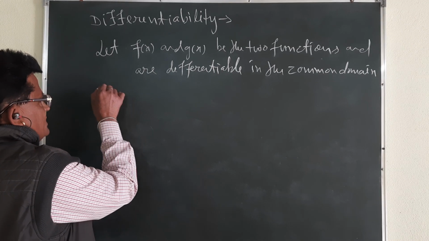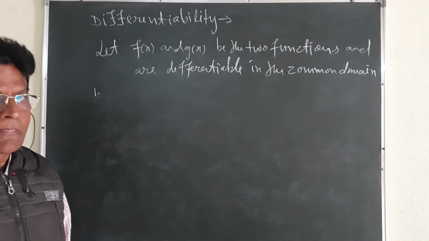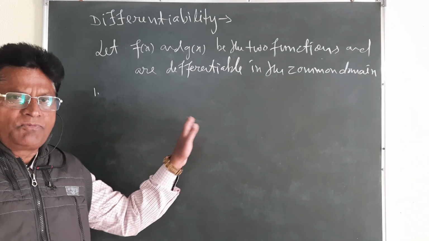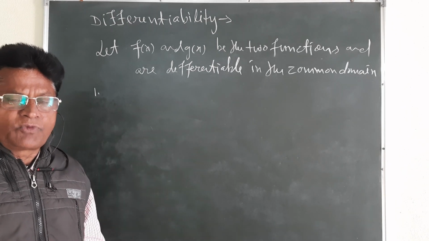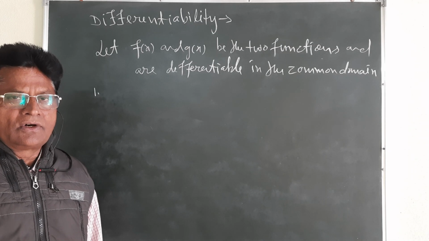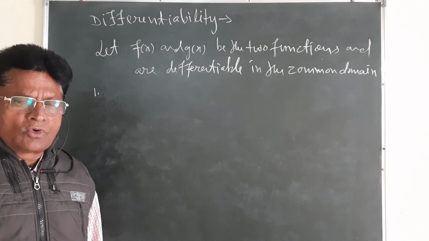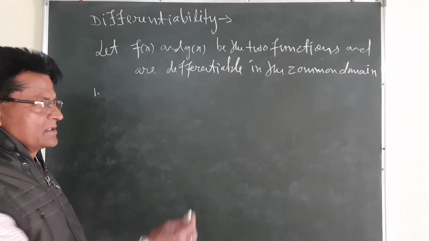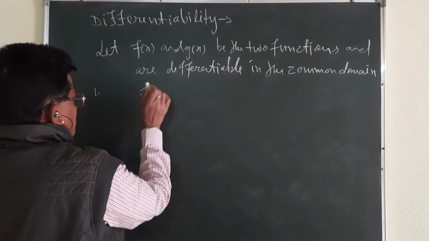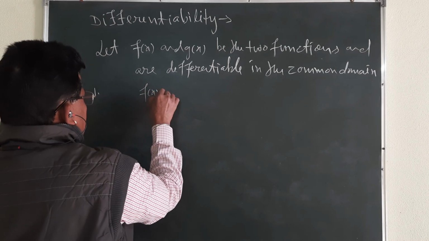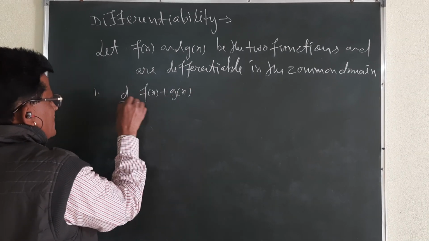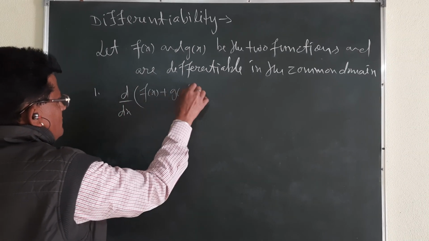Let me take the first case, dear student. First formula. I will discuss the four conditions, and without these four conditions, it is very difficult to get the solution of the questions in differential calculus. Let me take f(x) plus g(x), that is the sum of the functions, and we are going to differentiate the sum of the functions.